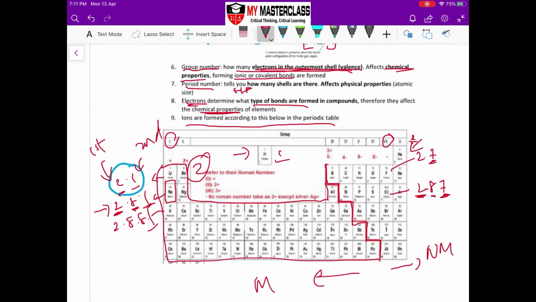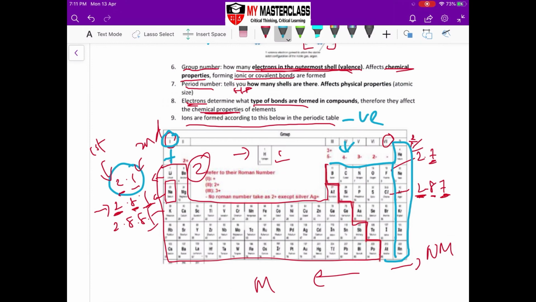And then the elements over here, not including group 0 because they don't gain, they don't lose, will all form negative. If you look at group 1, because they have one outer electron, they will all form plus, because they will lose one negative.